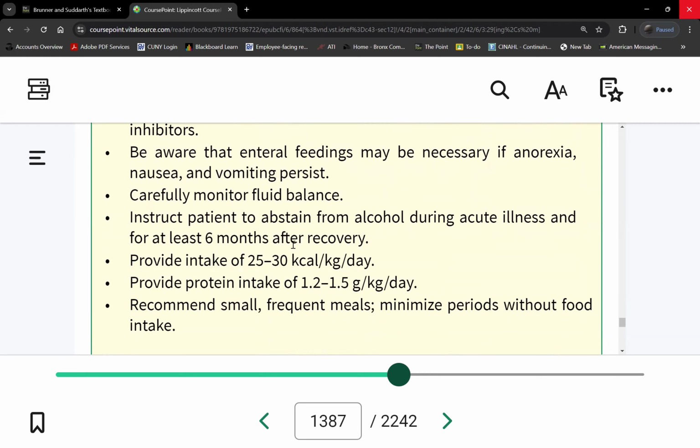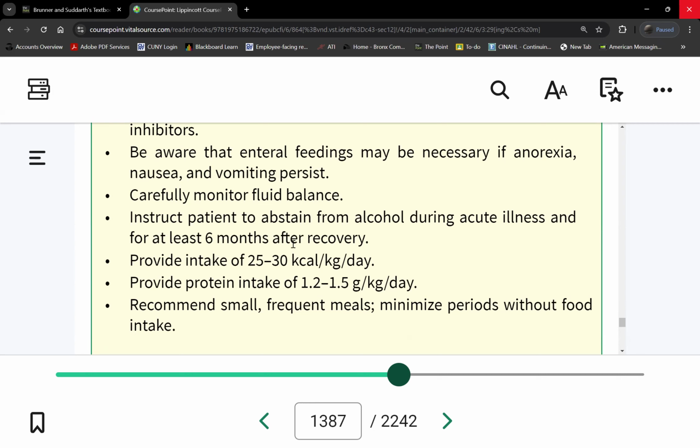One thing about liver disease: because the liver is sick. Let's say you have A and E, so it's an acute infection and your liver is inflamed. Remember, the liver metabolizes protein, correct? That's why protein is limited. It's not that you can't have protein, but we have to limit it because every time you eat protein, it makes your liver work. It's already inflamed, so it will exacerbate the symptoms.